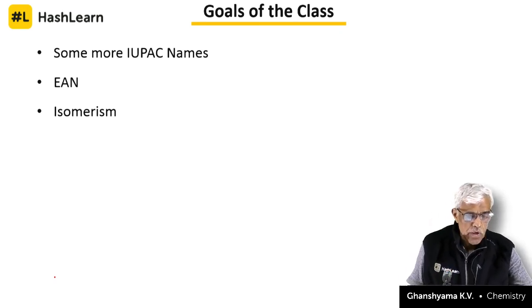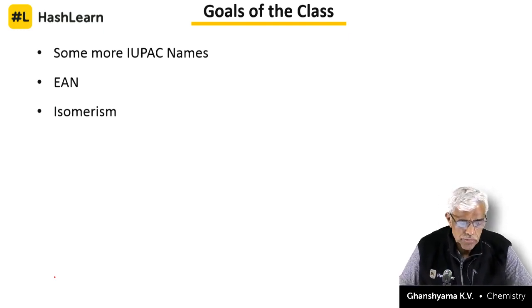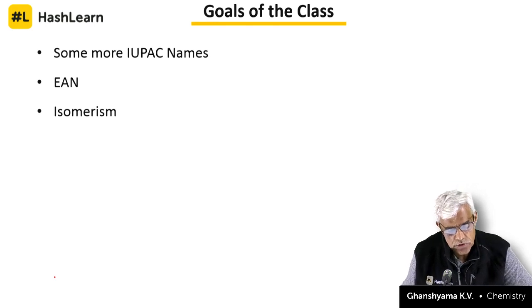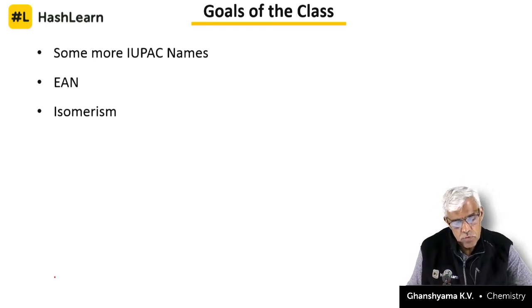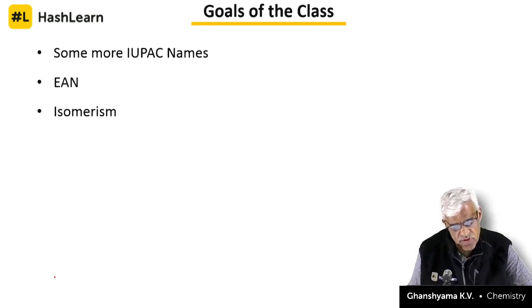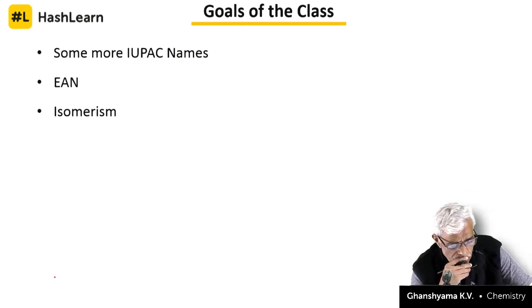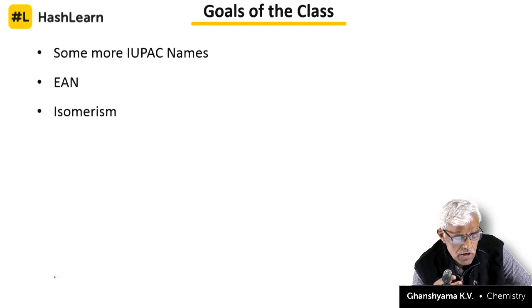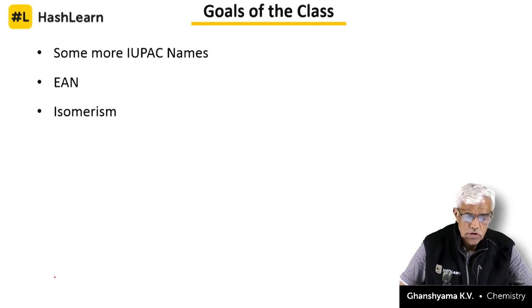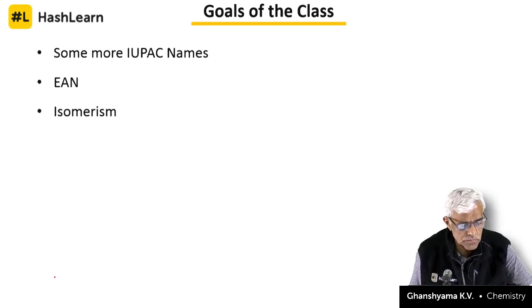Today, I would like to give you some more complexes, some more coordination compounds with their IUPAC names, so that you can be more familiar and it becomes easy for you to write the IUPAC names and how to arrange different groups which serve as ligands in the coordination compounds.